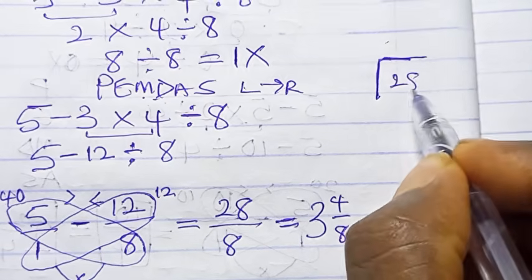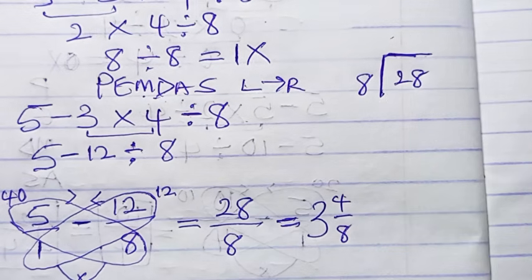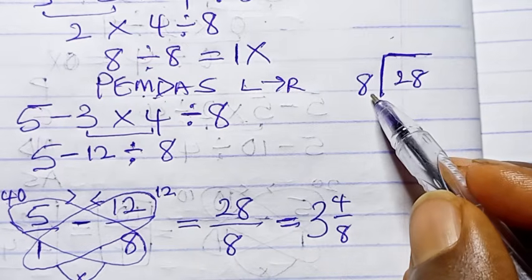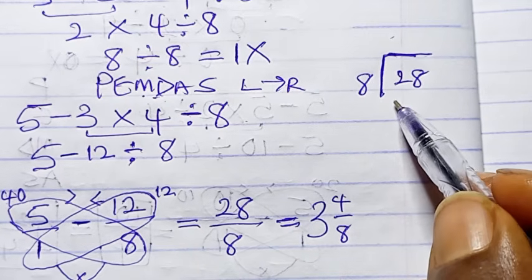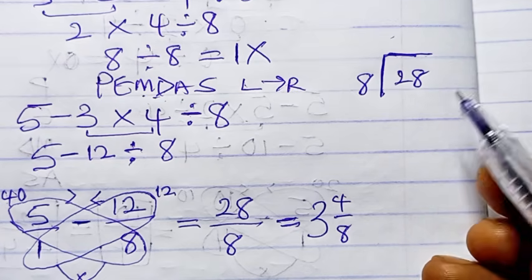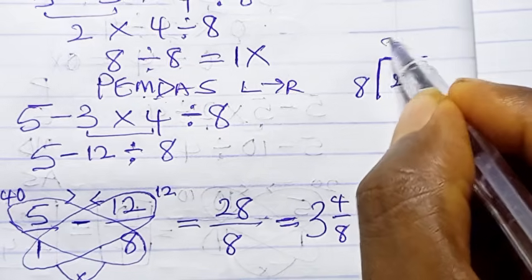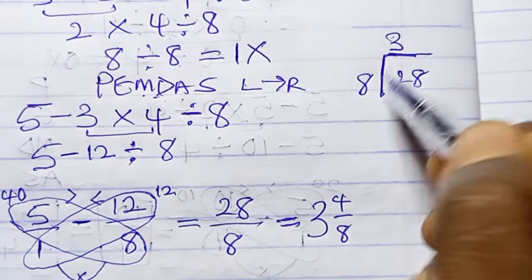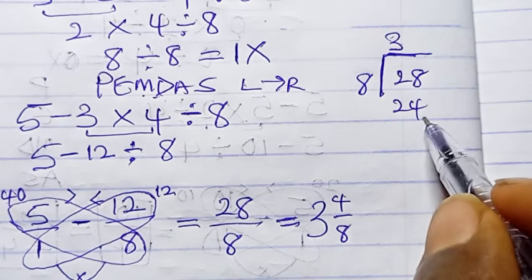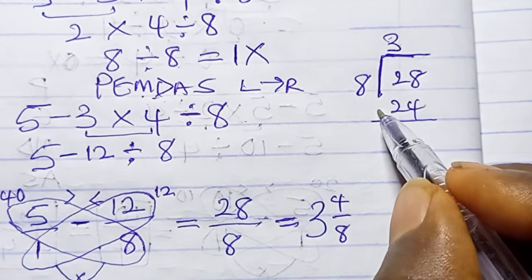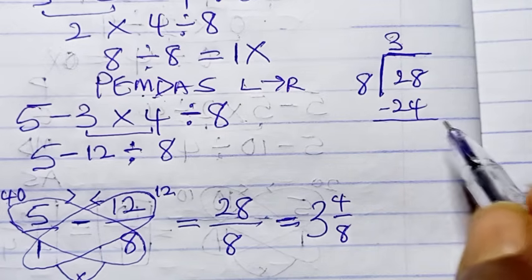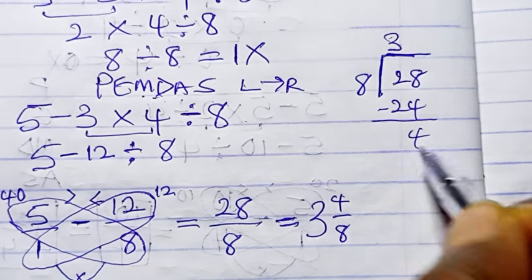We'll put our 28 inside and the divisor, which is the 8, outside. 28 divided by 8 is going to give us 3. Alright, 3 times 8 is going to give us 24. Okay, so now we have to subtract. 28 minus 24 is going to give us 4.